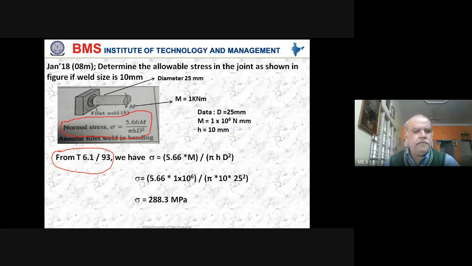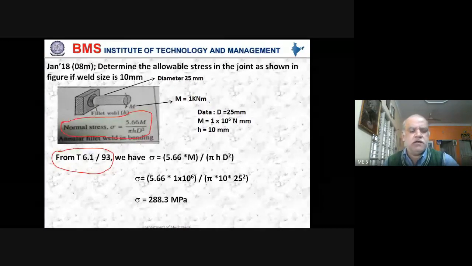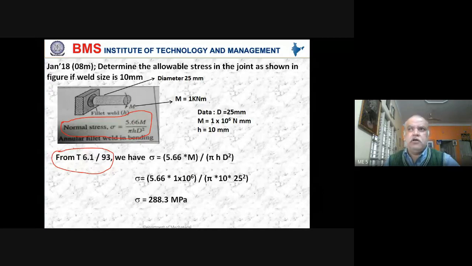So when problems based on such loading conditions are given, we need to refer to the appropriate figure from table 6.1 on page number 93 and then choose that equation to calculate the required parameter. This is what we need to do.